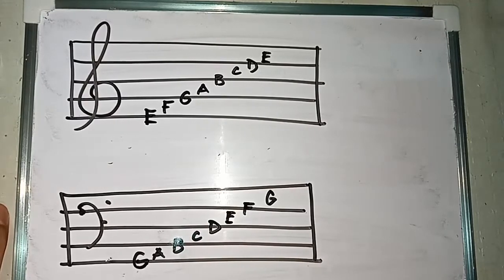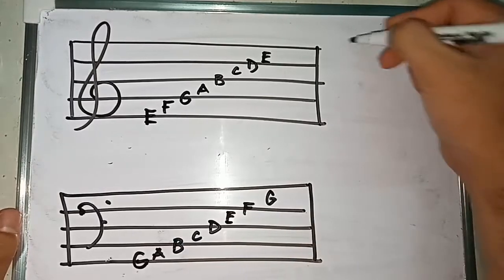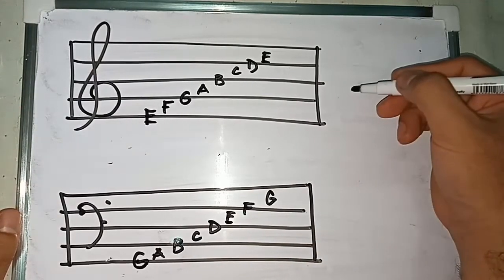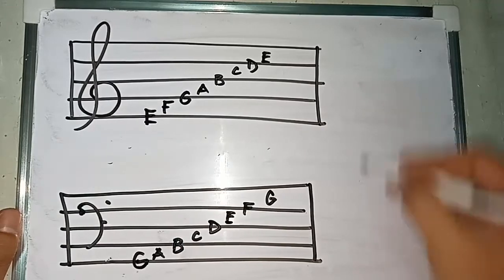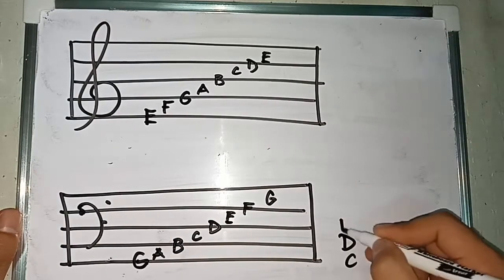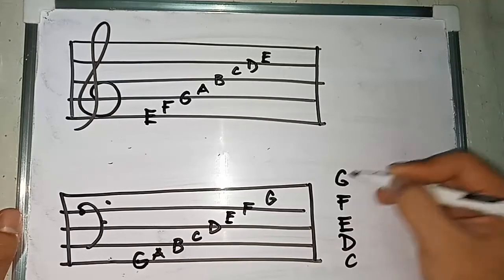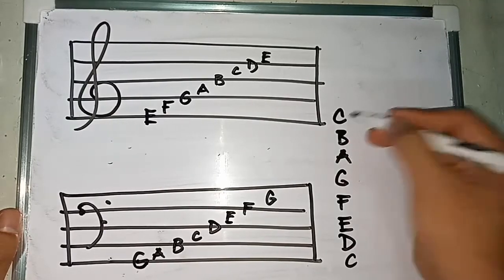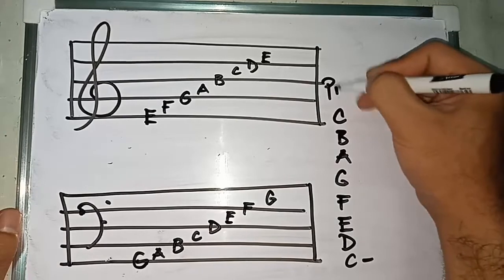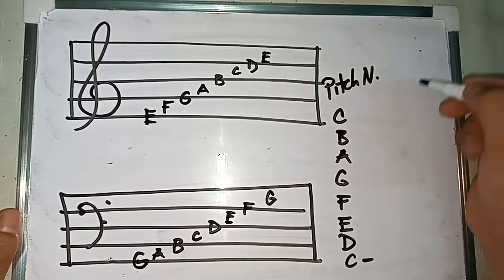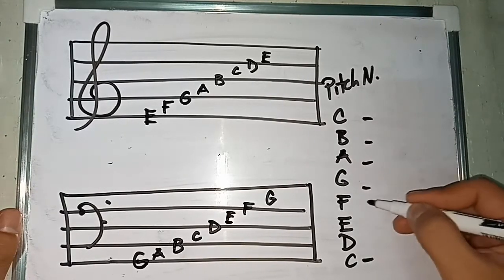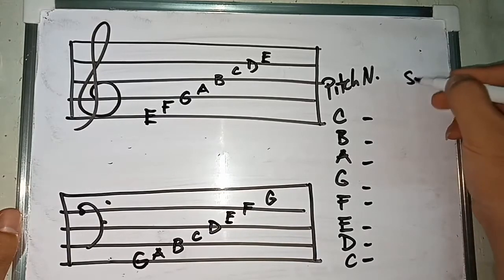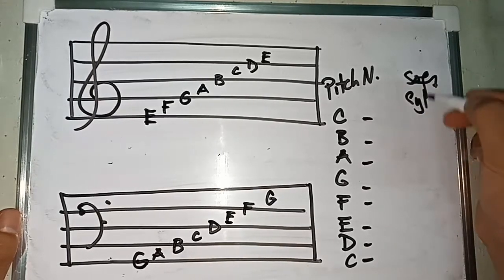What do these pitch names do in music writing? These pitch names also have corresponding solfa syllables. So we have here C, D, E, F, G, A, B, C. These are the pitch names, and we also have their corresponding solfa syllables.